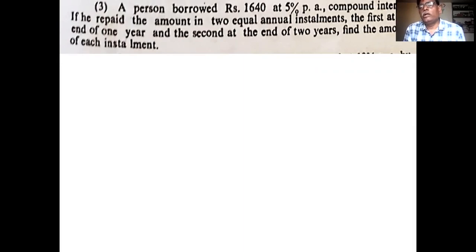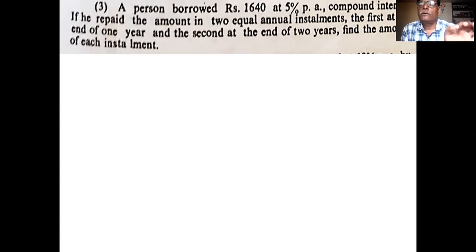Okay. Once again, I will tell you, you take the principal 1,640. Rate of interest is 5%. You calculate the amount at the end of the first year. Amount at the end of the first year means you take n as 1. You take the n value 1 and calculate the amount at the end of the first year. From that amount, you deduct the first installment, whatever he paid at the end of the first year.